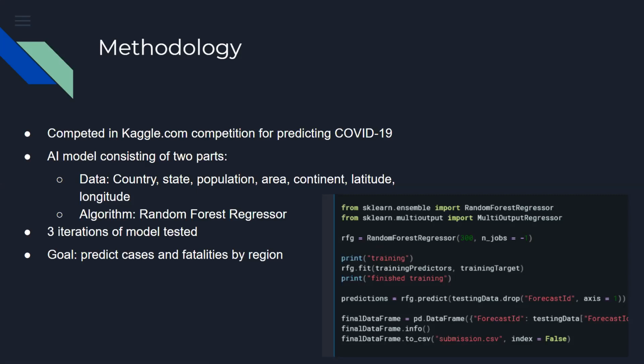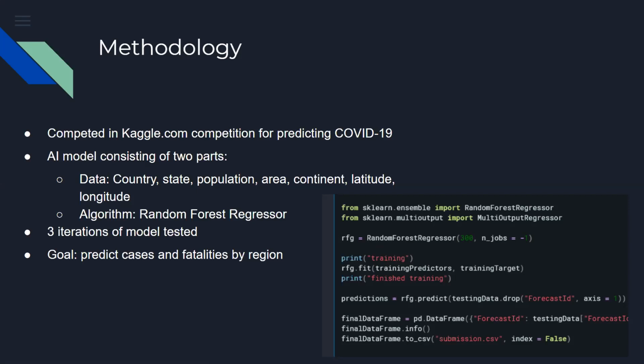Using that data, we actually have 3 iterations of our AI. The first one took just the date and the region and attempted to make a prediction on the spread of the disease in that area.